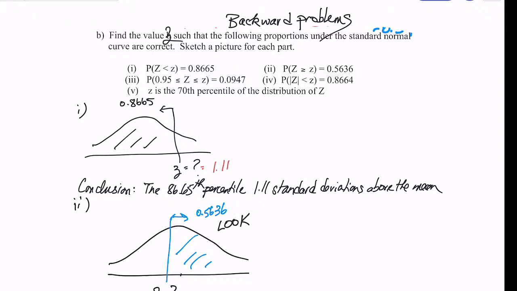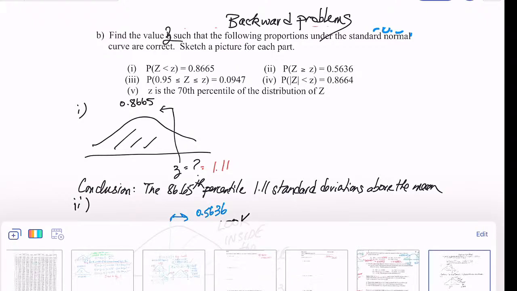I look inside the table for this number. So let's go, 0.5636, and we're going to look on the negative table.